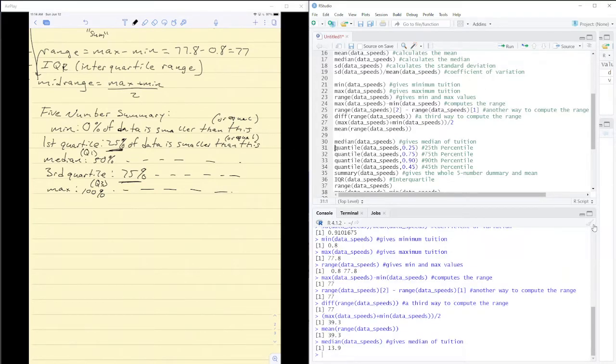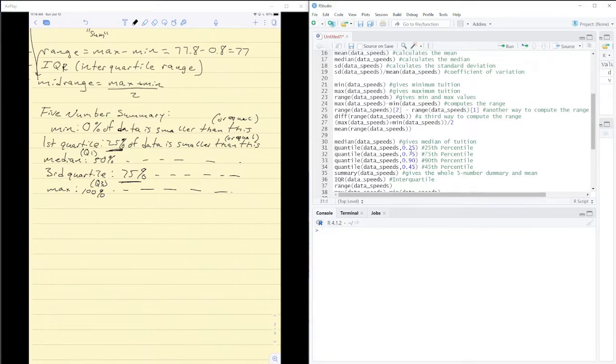I'm actually going to clear this over here. We can look at the 25th percentile.